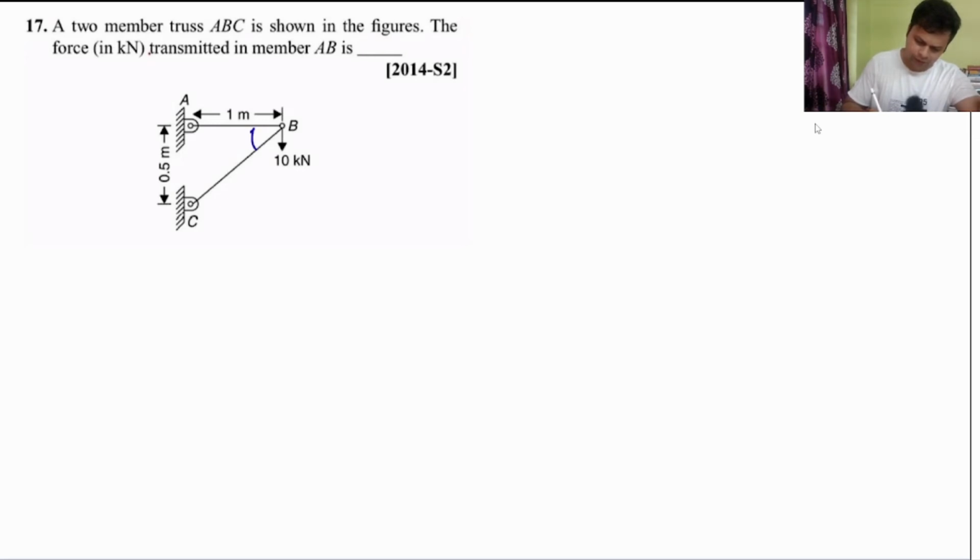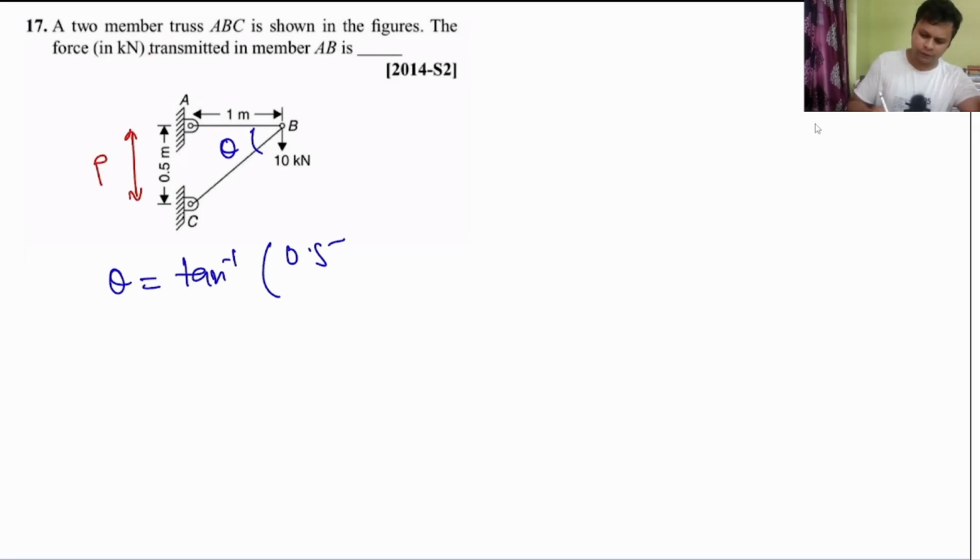This angle we can calculate, theta. What is angle theta? Tan inverse of perpendicular over base. The side opposite to the angle is the perpendicular. This is the base, so tan theta is perpendicular by base.